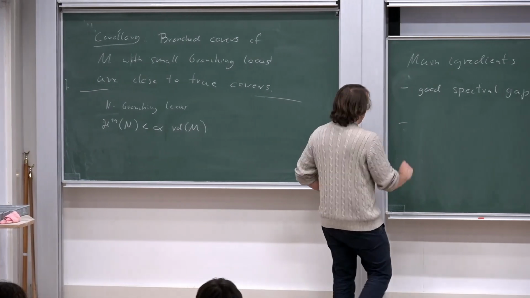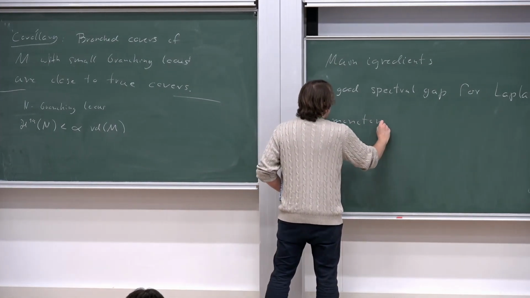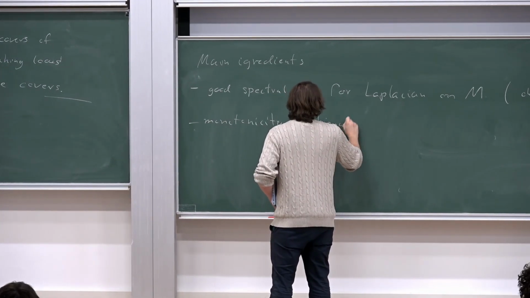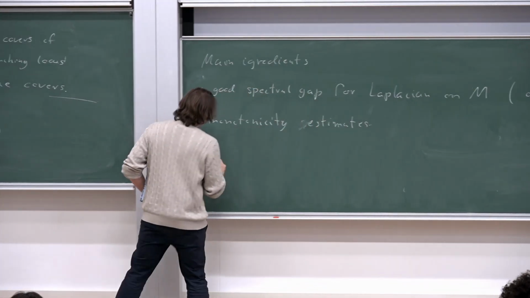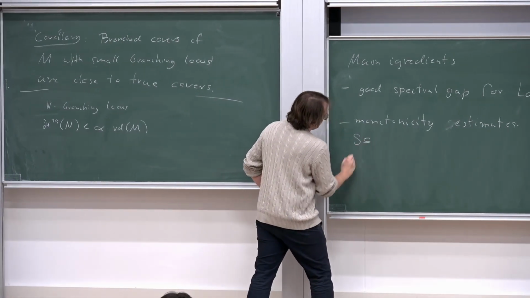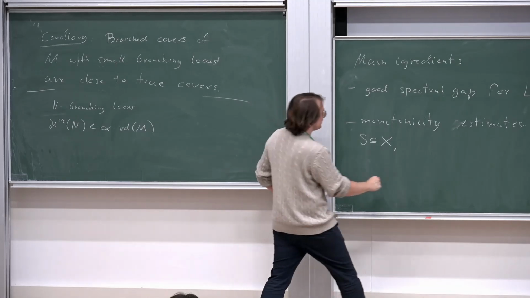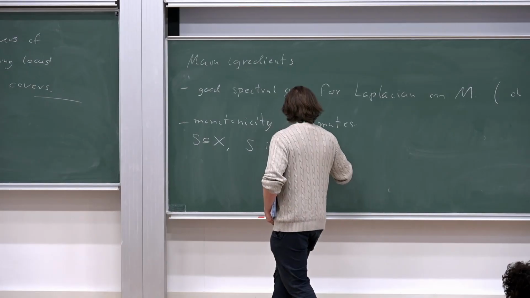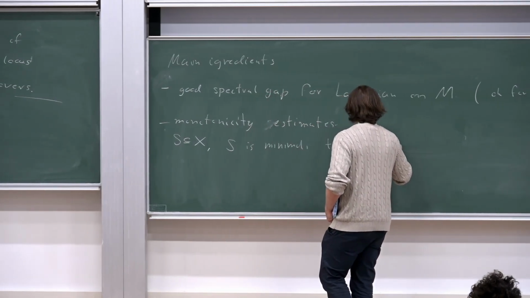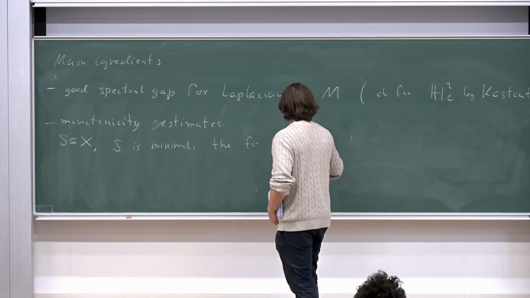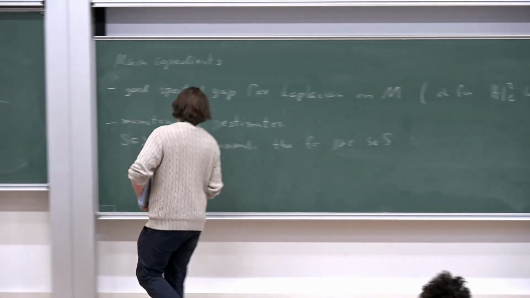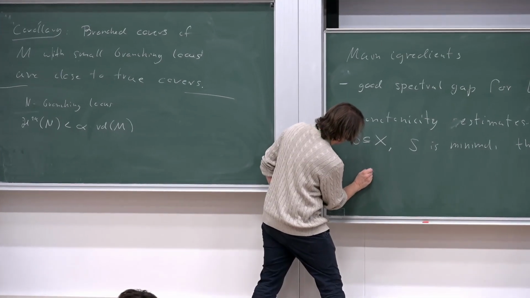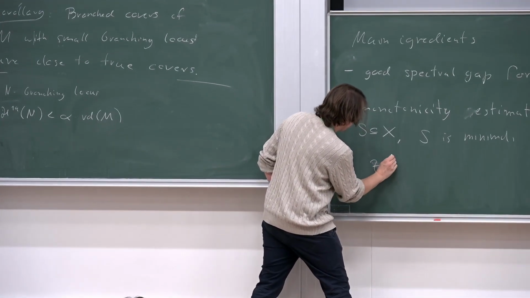And the second ingredient are the monotonicity estimates. They roughly tell you that if you have S, which is a subset of X, where X is the symmetric space, and S is minimal, then for almost every s in S, I should use Hausdorff measure.